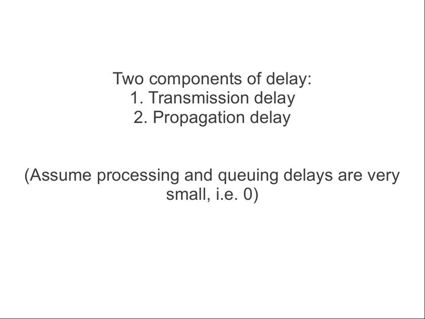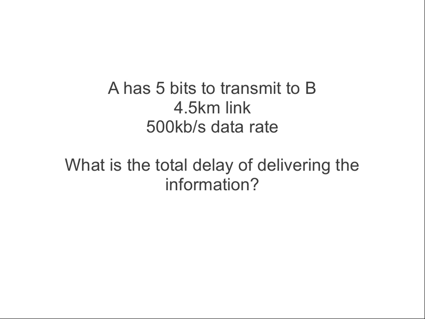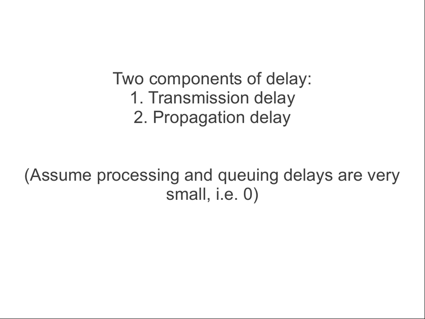In this case, because there's nothing given in the question about the processing and queuing, and in this course we don't know how to calculate them, I either give you the values of processing and queuing, or you assume they're 0. So in this question, assume processing and queuing delays are 0. We only need to calculate transmission delay and propagation delay. And we'll do them separately.